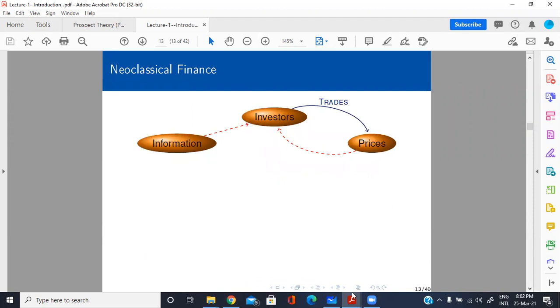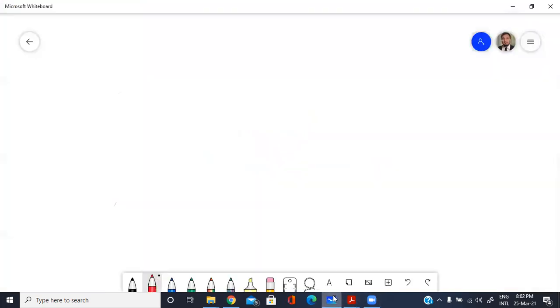So two facts you have to recognize. One fact is that rational investors, for forming their belief, use Bayesian probabilities or Bayes probability updating.